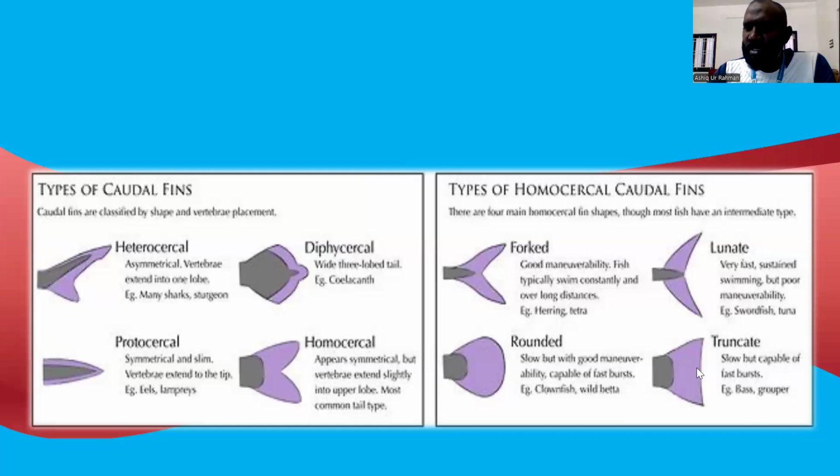And when it is like a straight line or square shape, then it is called truncate tail. Similarly, there are several other types also, but these four types are quite common in most of the fishes.